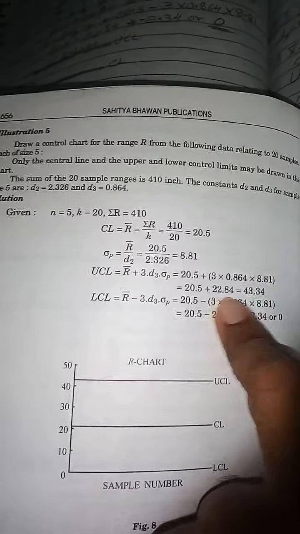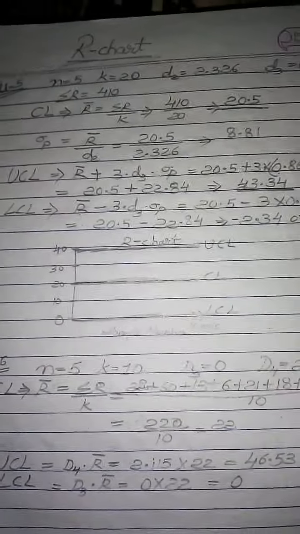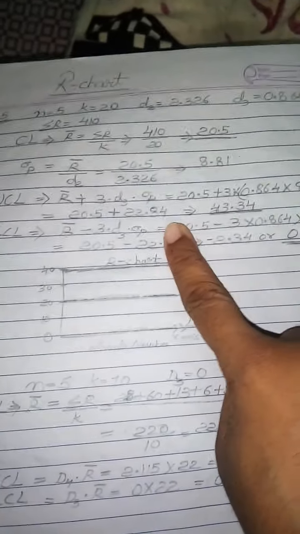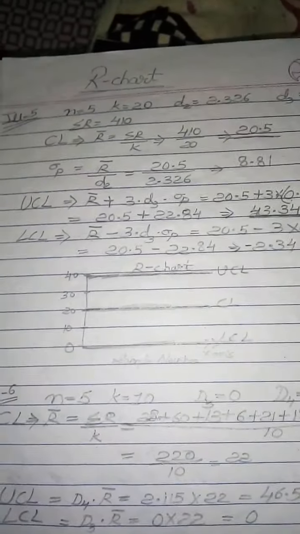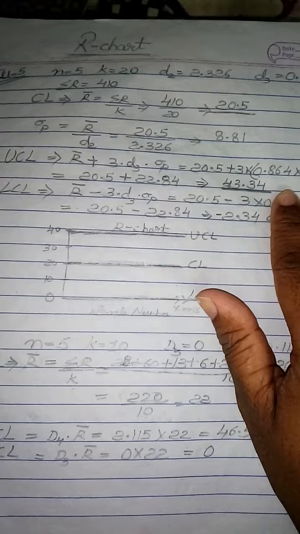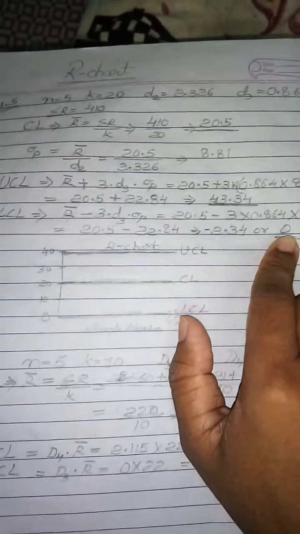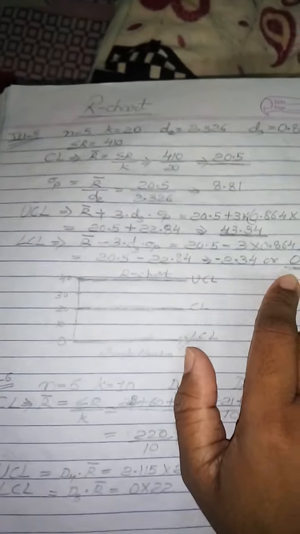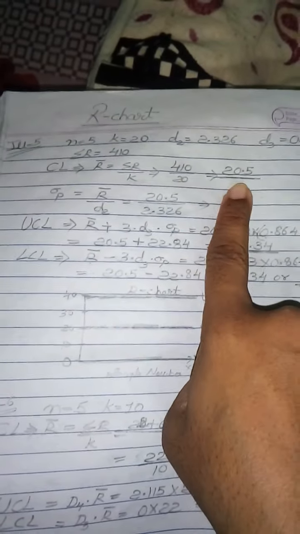By putting the values, we get 43.34 as the upper limit, and by calculating the LCL we get 0. Actually the value is negative, so we can consider it as 0. And the central line we get is 20.5. We got all three values.